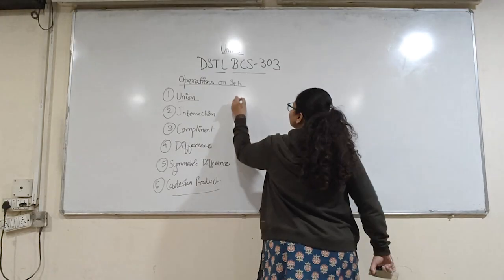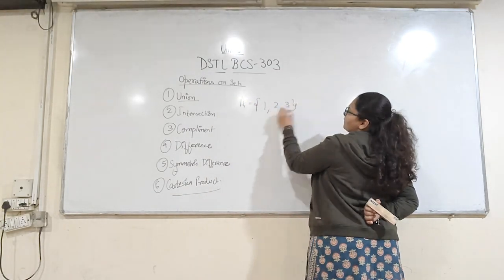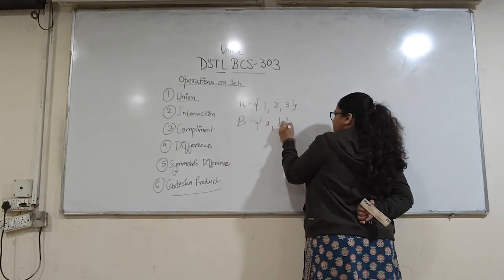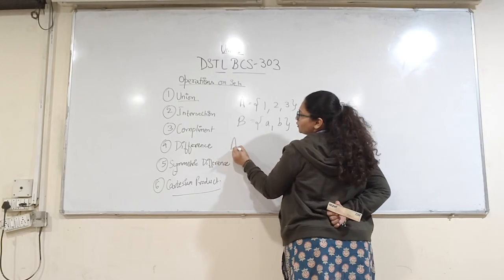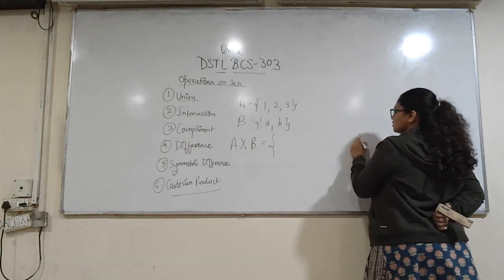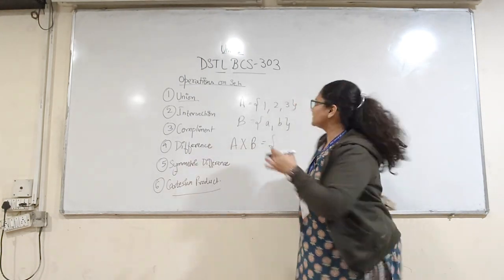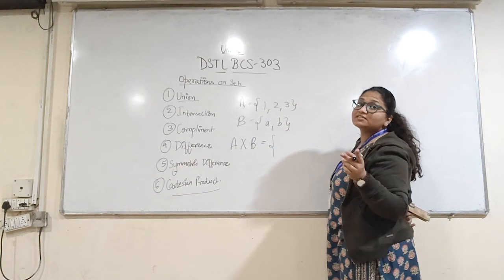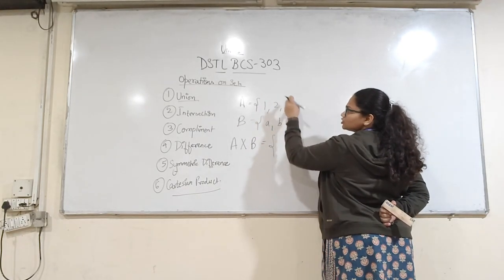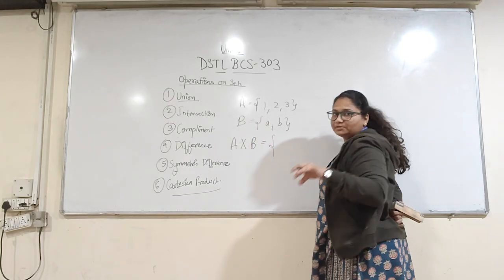Suppose I have a set A, 1, 2, 3, and a set B which has elements a, b. Now, Cartesian product, which is denoted by a big cross, is the construction of ordered pairs by mapping set A elements to set B elements, and that is one-to-one mapping. First we'll be picking up each element of set A and we'll be making ordered pairs with elements of set B. How?